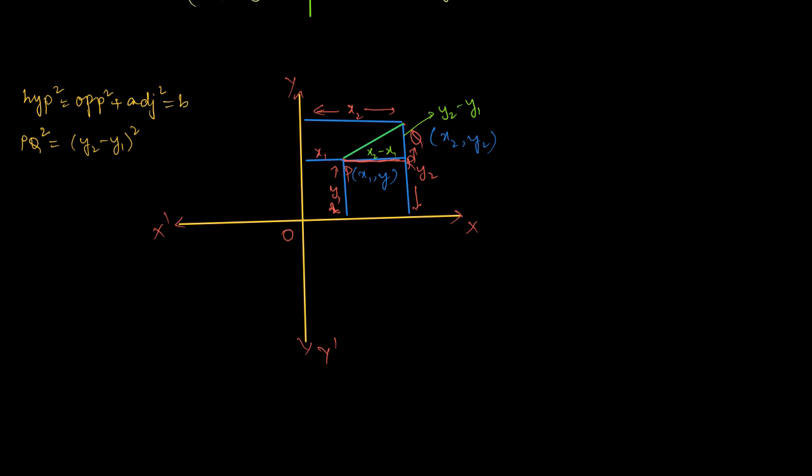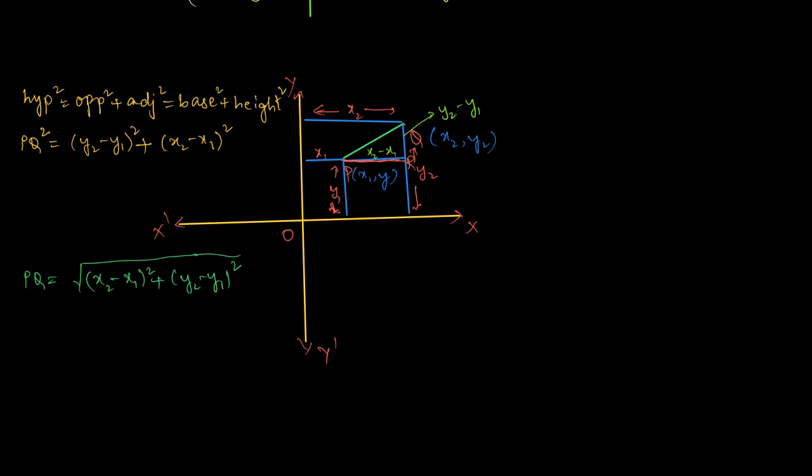We can also write this as base square plus height square; it doesn't make any difference. Therefore, the distance PQ is equal to, taking the square to the RHS, root over (x2 minus x1) whole square plus (y2 minus y1) whole square.